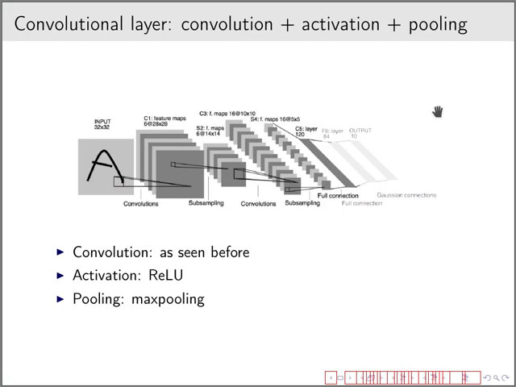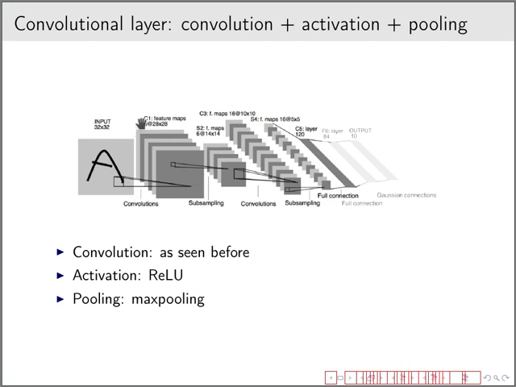So putting everything together, we have convolutional layers, followed by activation layers, which are often rectified linear units. I mentioned it before. It just removes negative values, and then followed by pooling, which is often max pooling. So in this architecture here, the LeNet architecture, the first layer is a convolution.